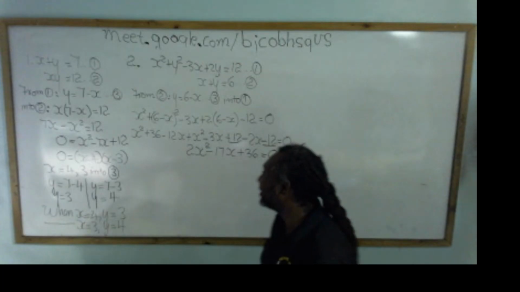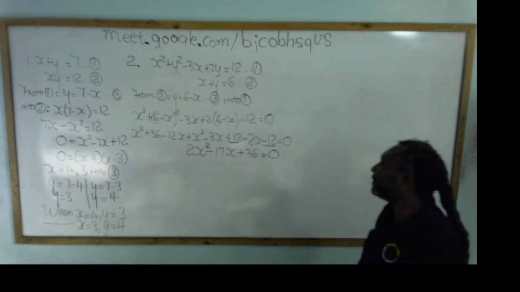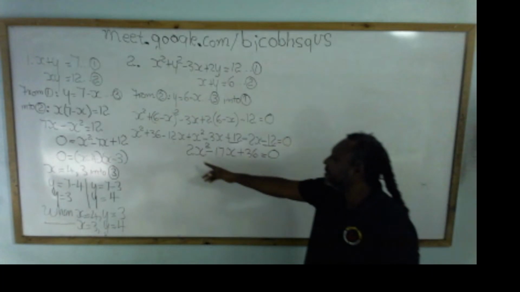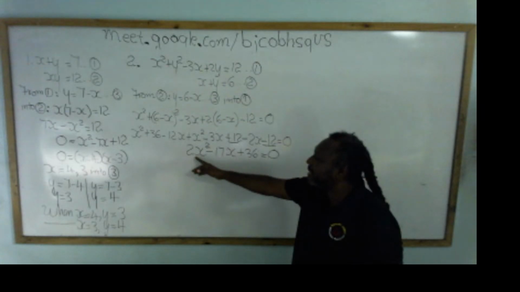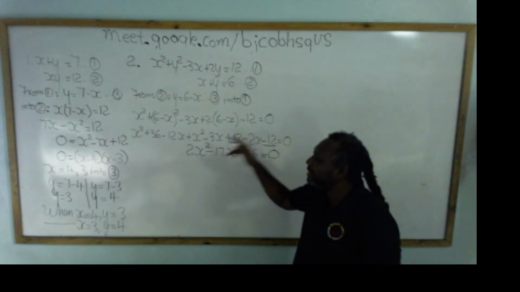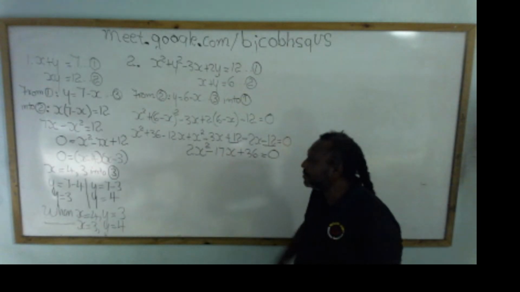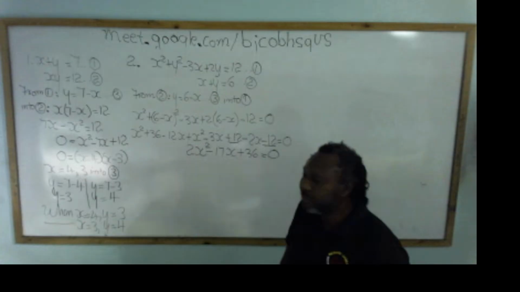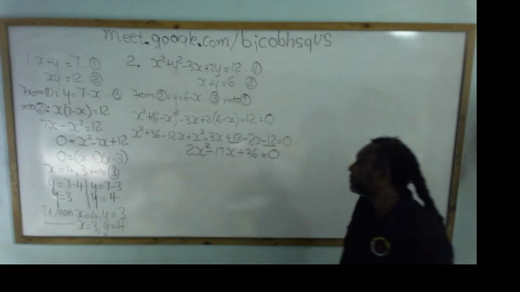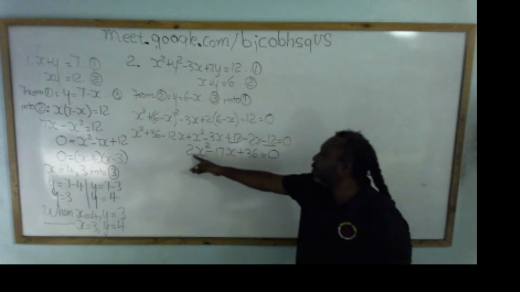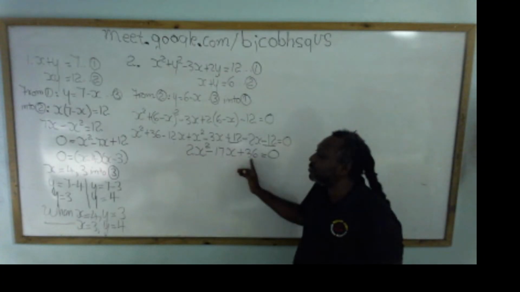Let's go. Do not forget that when the coefficient of x squared is not equal to 1, we don't write it down just simply like that. Although we can do it, but we don't do it. Now what do we do? We say 2 times 36 is 72.